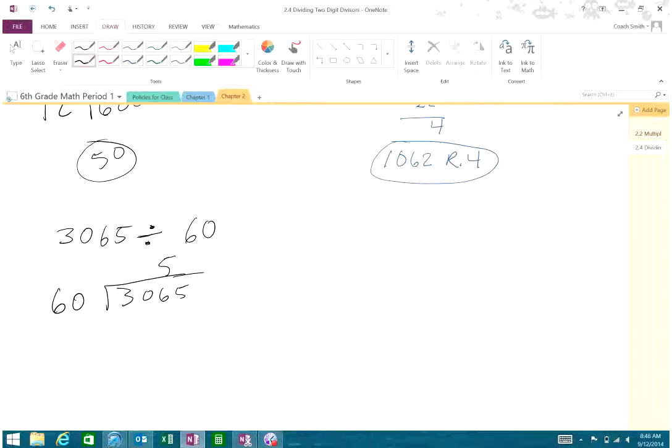So that would be 65. So 60 goes into 65 how many times? 1 time. And a remainder of what? 5. So 51, remainder 5. Okay, so that's what they're talking about when they say use mental math to solve or simplify the problem.